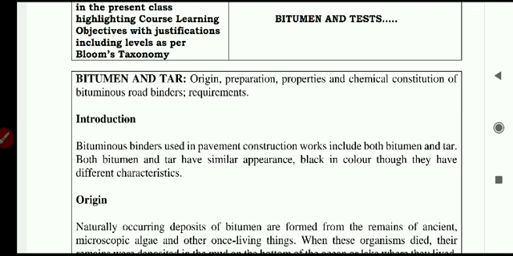It is obtained from destructive distillation of coal. One is obtained from fractional distillation of crude oil, the other one from destructive distillation of coal.